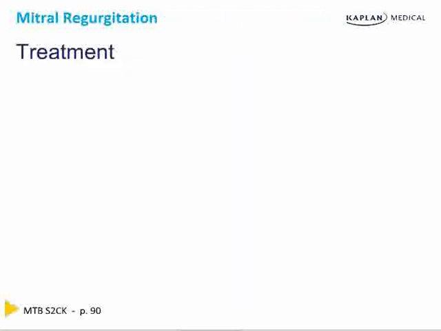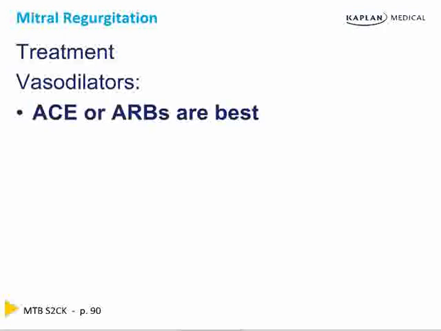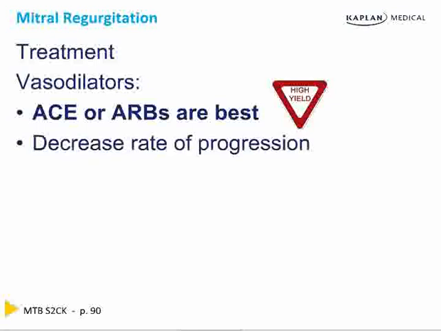This is one of the most common questions for Step 2 CK. The best initial therapy for regurgitant lesions, even in the absence of symptoms, is vasodilator therapy. As you dilate the peripheral vasculature, it lowers the pressure in front of the heart. This makes it easier for blood to go forward. These are indispensable facts because they are frequently tested, because vasodilators are able to decrease the rate of progression of the disease.